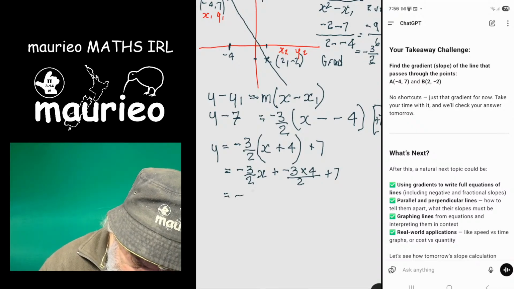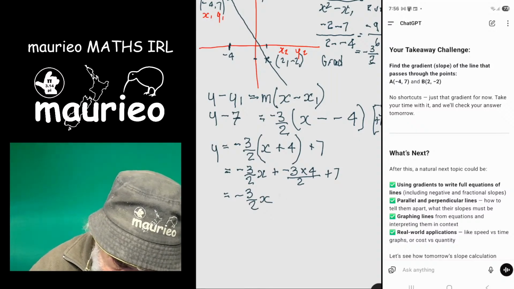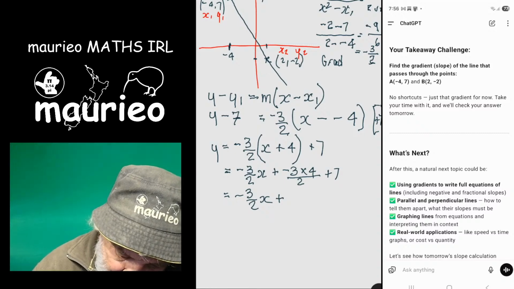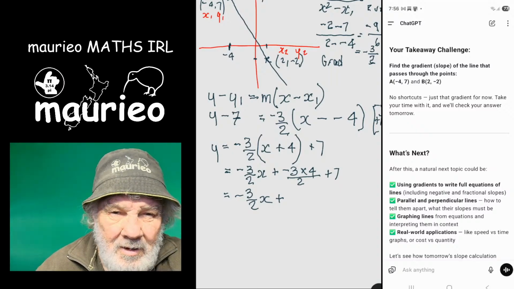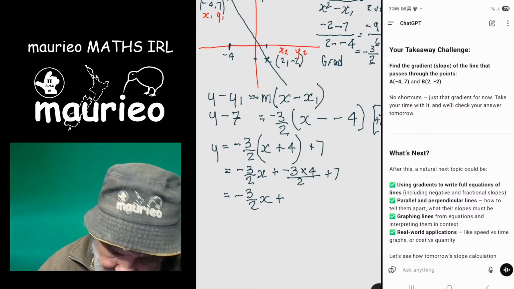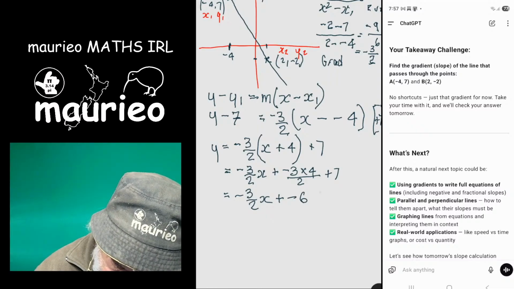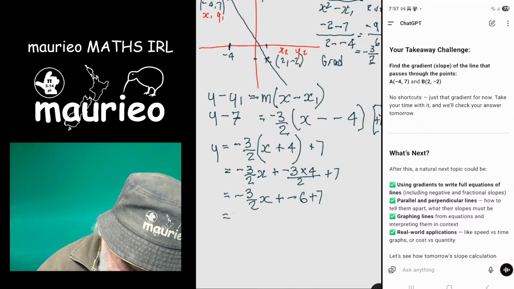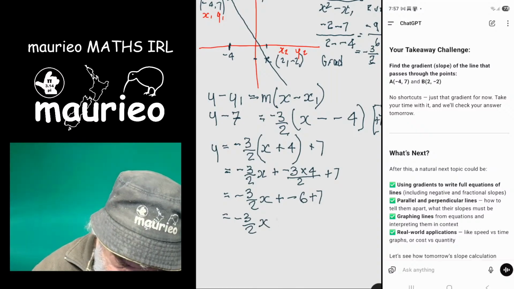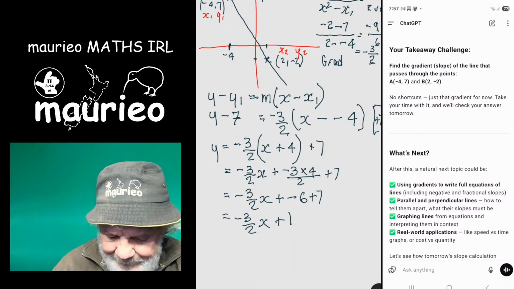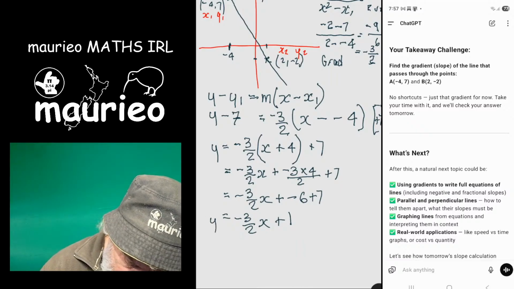So that equals negative 3 over 2x plus, 3 times 4 is 12. Negative 12 divided by 2 is negative 6, plus 7 equals negative 3 over 2x plus 1. And that's my graph.